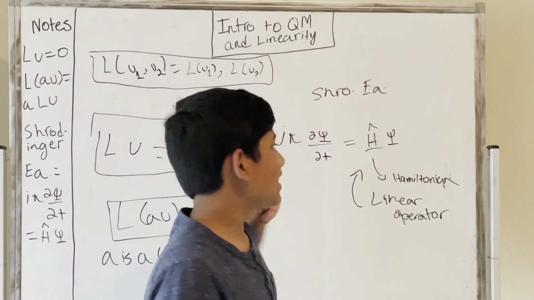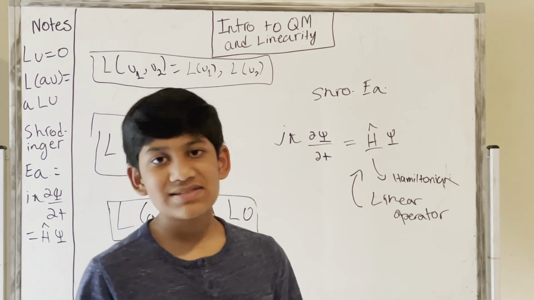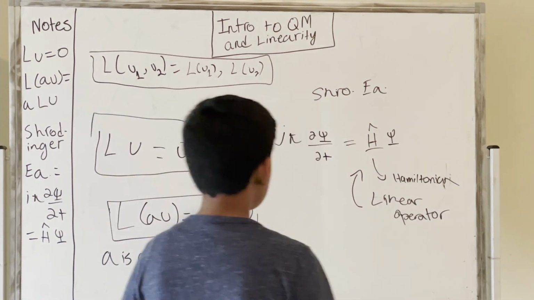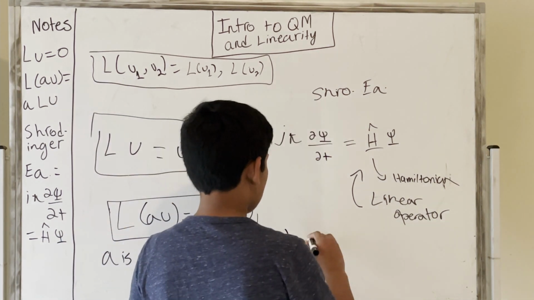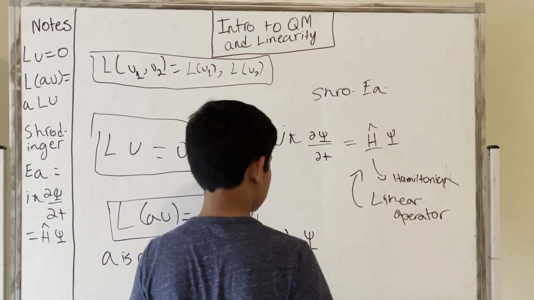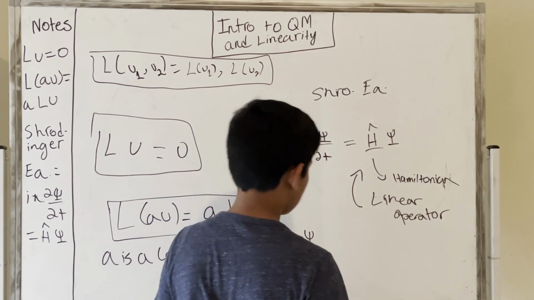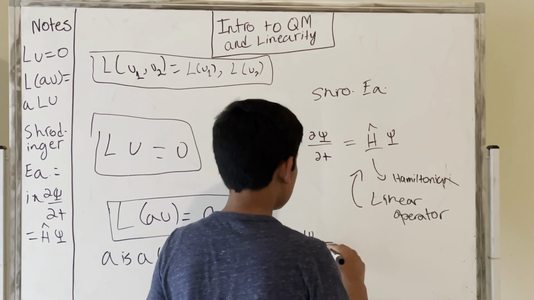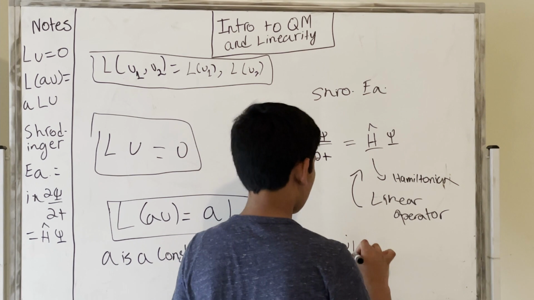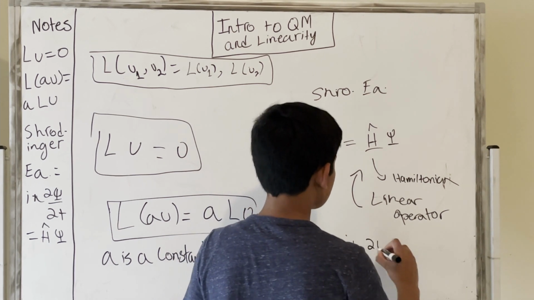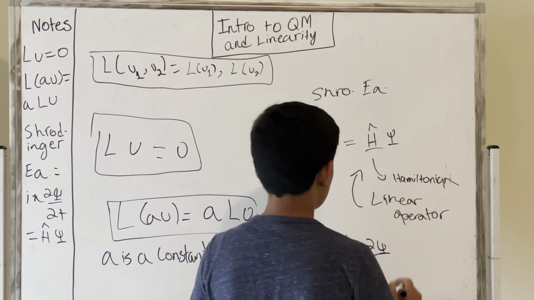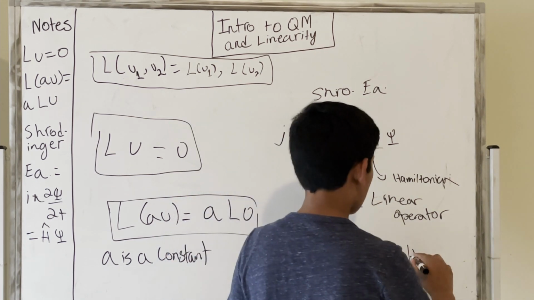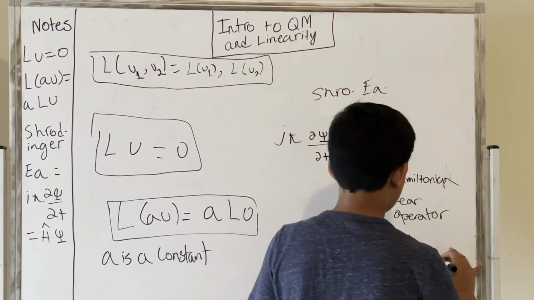We can state that this is linear, but let's see what the linear format is if we use the linear operator itself. So if we were to use it, L, and then our dynamical variable, which is psi, or we can also write it as the wave function, is equal to the complex variable i h bar, and then the partial derivative of the wave function with respect to time, subtracted by the Hamiltonian operator and then the wave function.